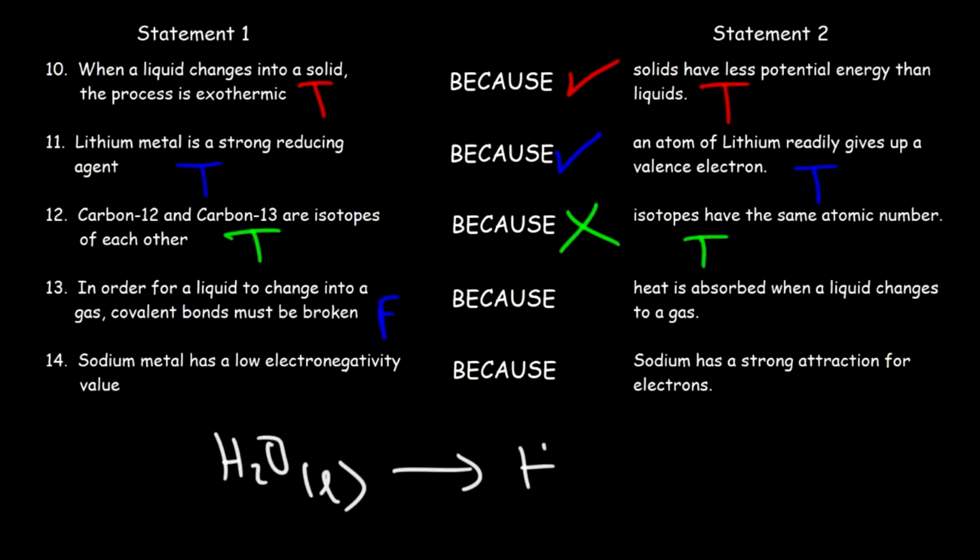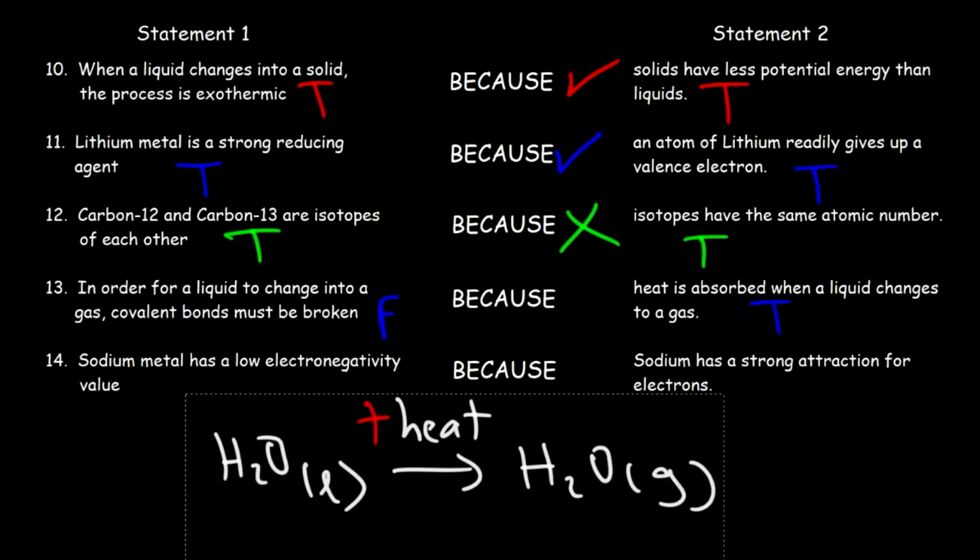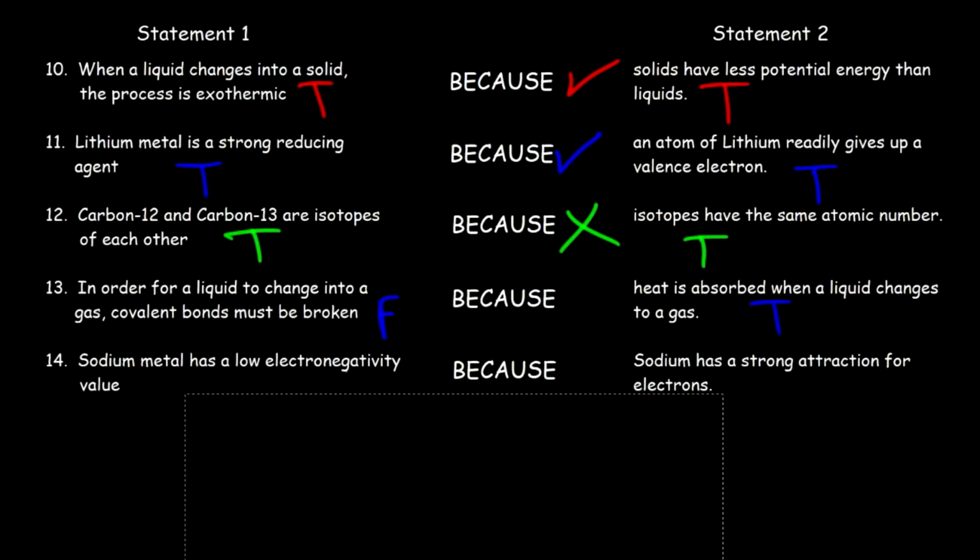In order to convert it to gaseous steam, do we need to add heat or should heat be removed? You need to put the water on a stove. You need to boil it. So you have to add heat. Which means that the second statement is a true statement. Heat is indeed absorbed when a liquid changes to a gas.